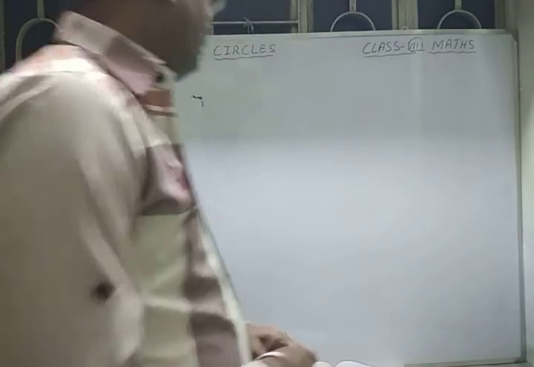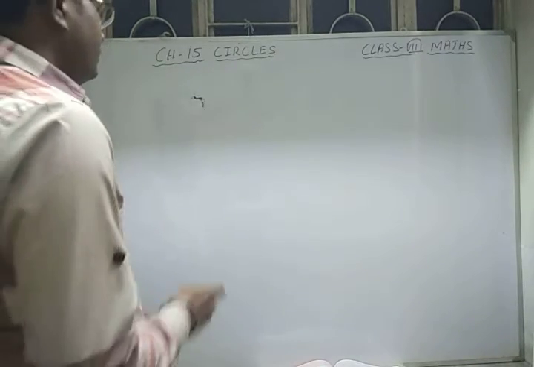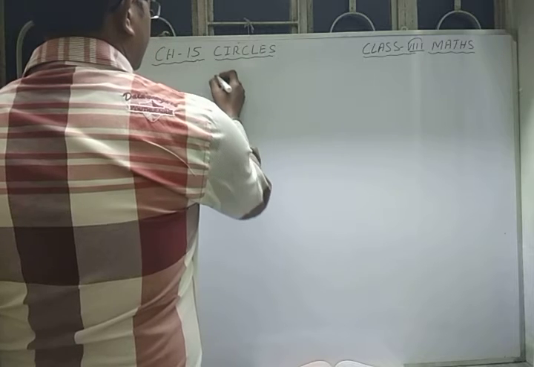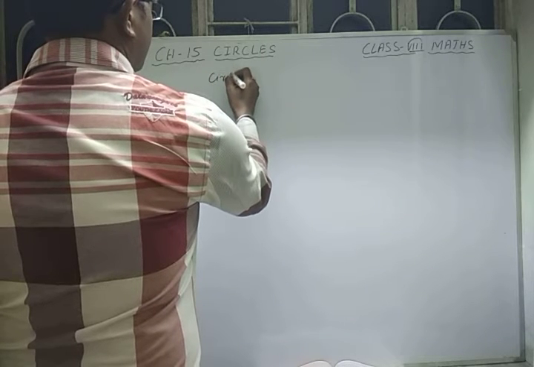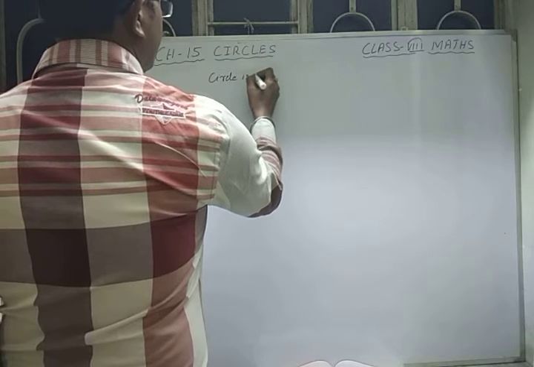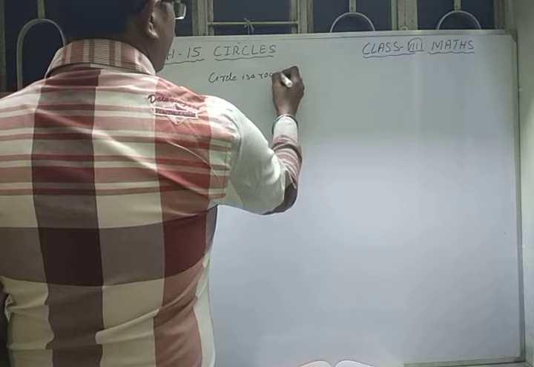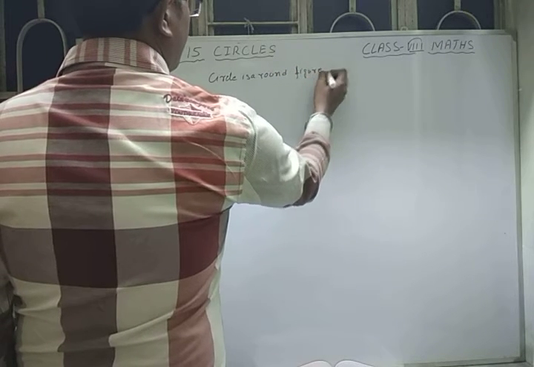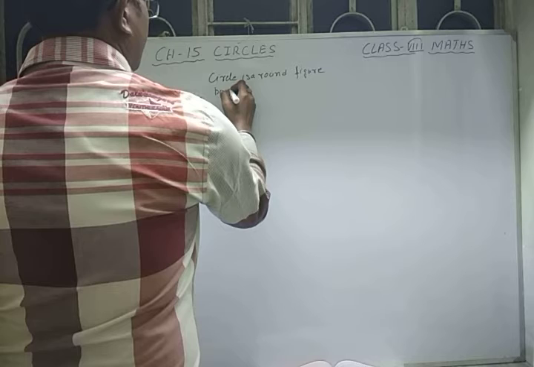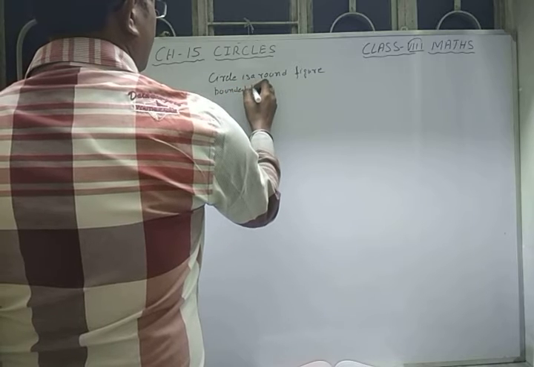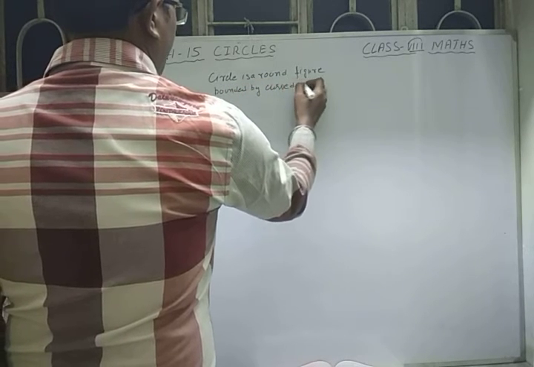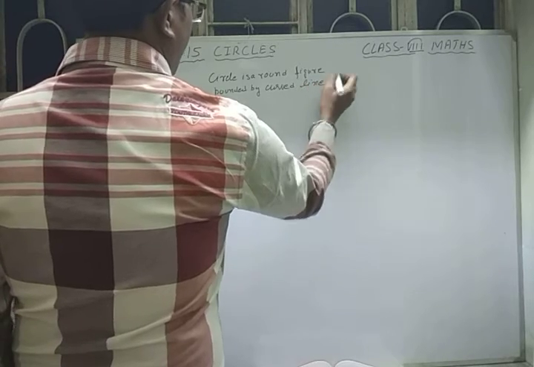The circle. As you know, circle by definition, if you say circle is a round figure bounded by curved line.